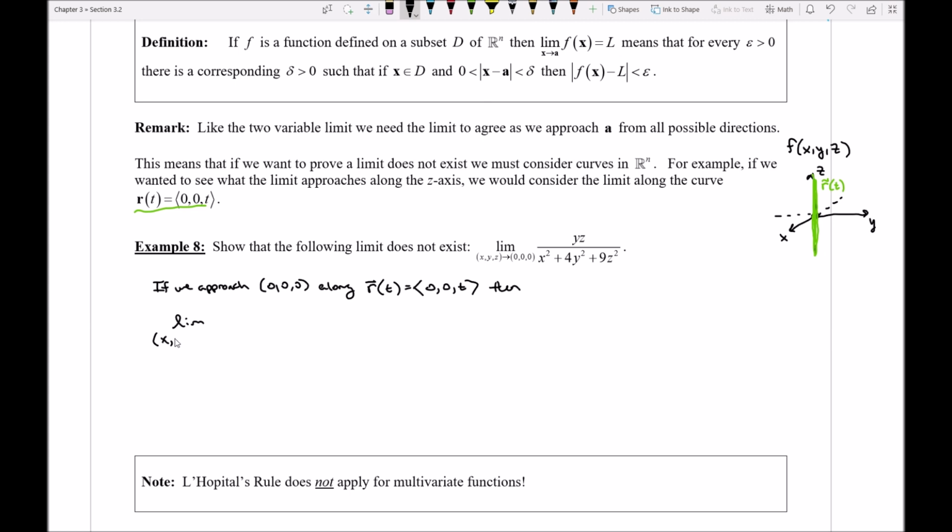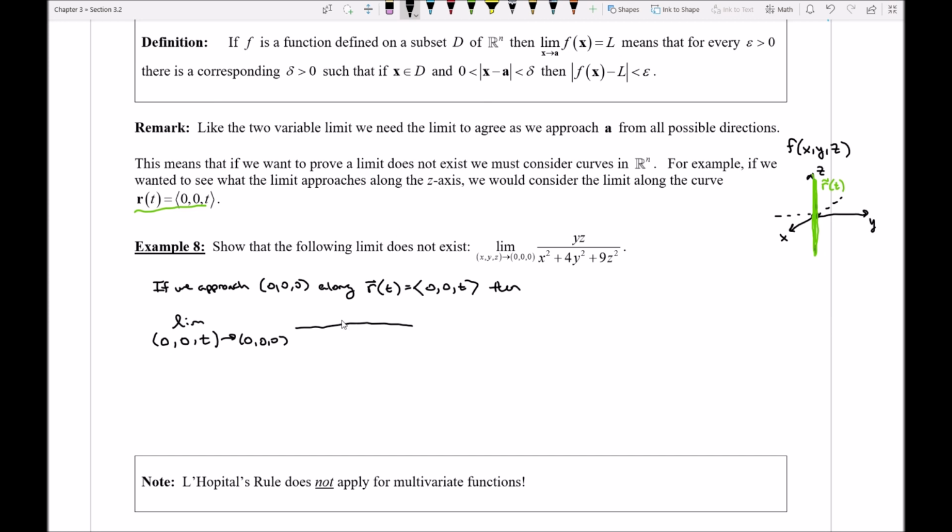Our limit now of x, y, z, notice can be replaced with what my function is defining those components as. Notice x is always 0, y is always 0, and I end up with t in place of z. And I need all this to just approach 0, 0, 0. How is this going to ultimately affect what I'm doing the limit of?